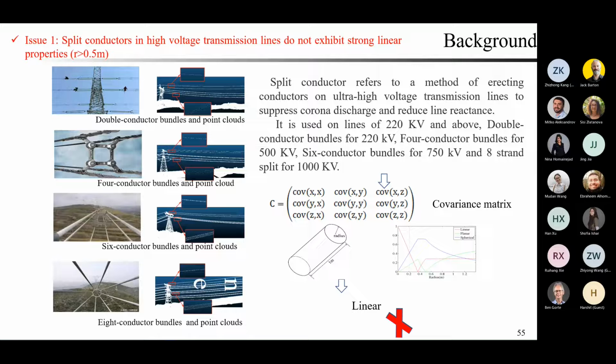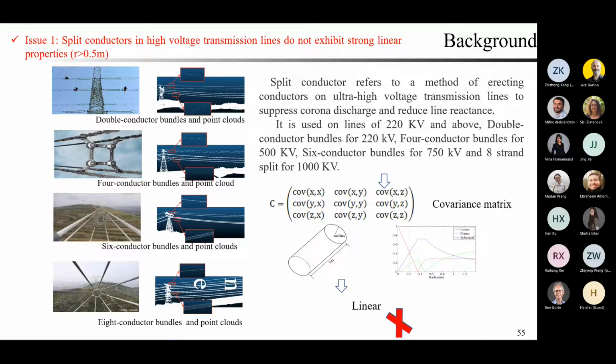If we are going to evaluate the safety of the facility, we need to extract those from the point cloud first. For this purpose, we need to face two challenges. One is that, at the moment, most of the algorithms to extract the transmission lines are based on the assumption that a line is linear.